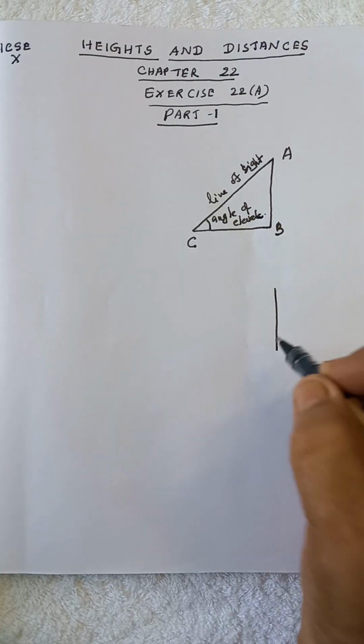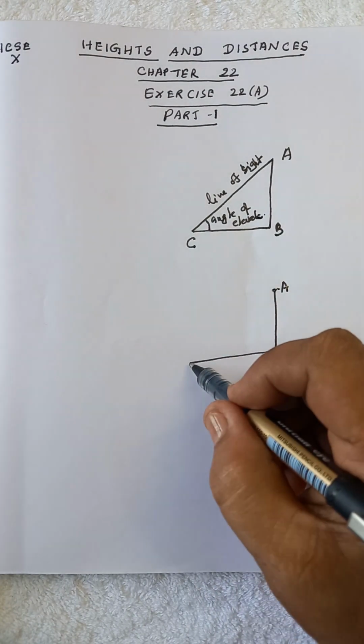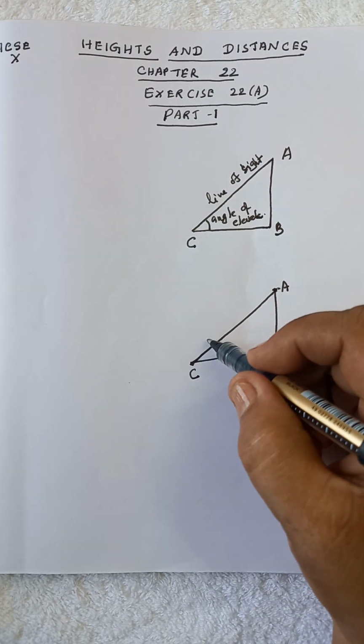Like that, this is the tower on the ground. Tower is AB. Suppose the man is standing here and he is looking at the point C here. Then joining AC, this is the line of sight.